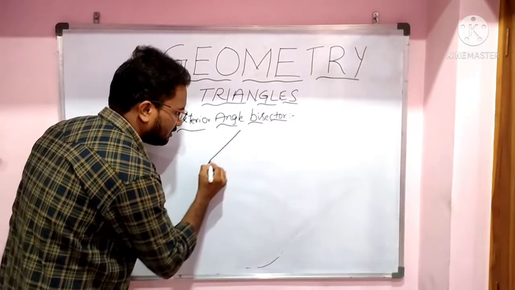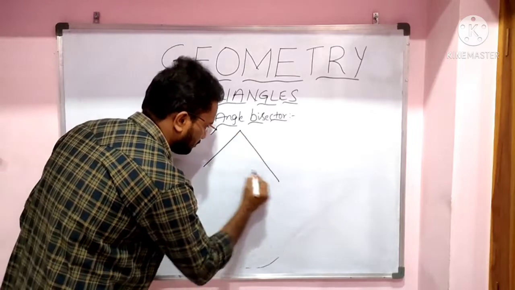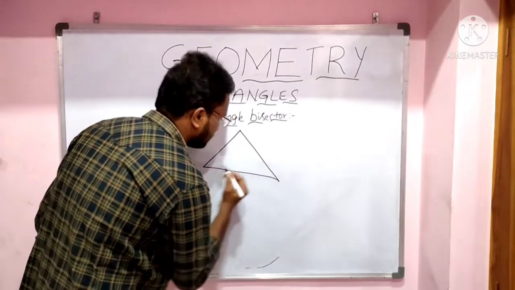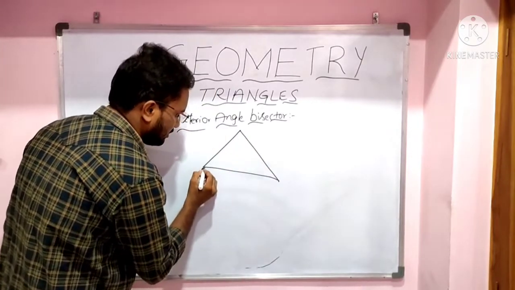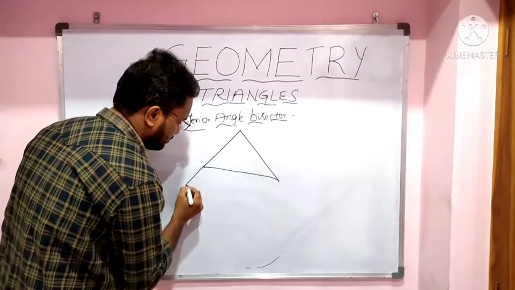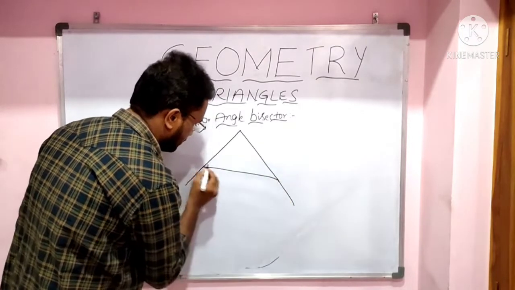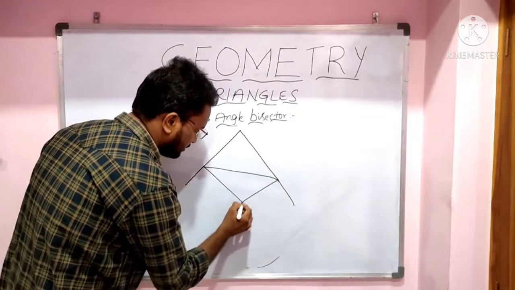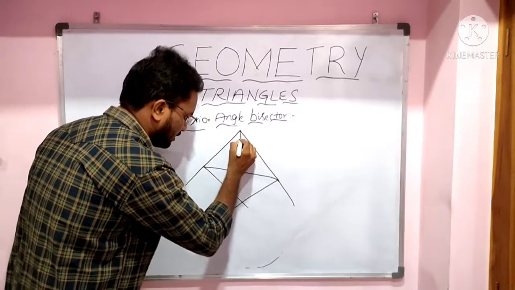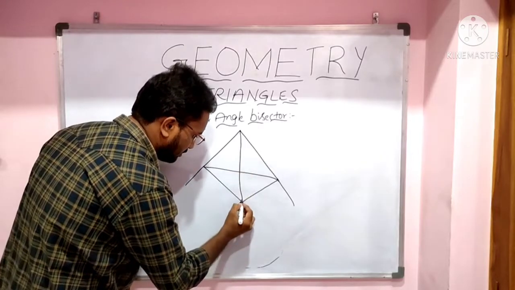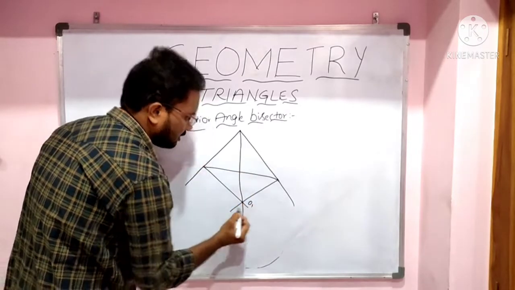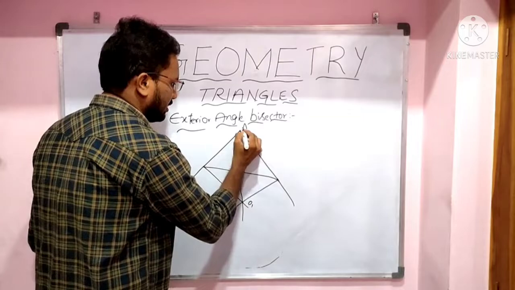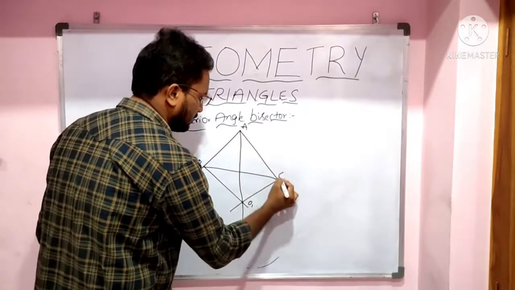Let's take a triangle. Let us say these are the exterior angles and one interior angle. This is excenter one, ABC is the triangle.